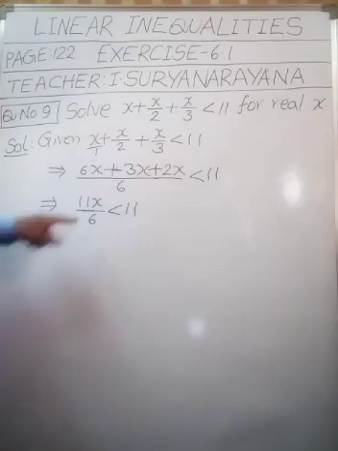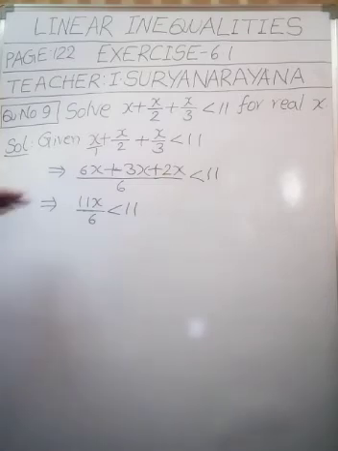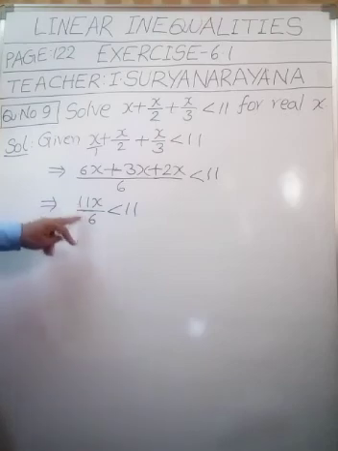Right. If you observe here, the coefficient of x is 11 by 6. So we have to divide this entire inequality by 11 by 6, or we have to multiply this inequality on both sides by its reciprocal. What is the reciprocal of 11 by 6? Yes, 6 by 11.